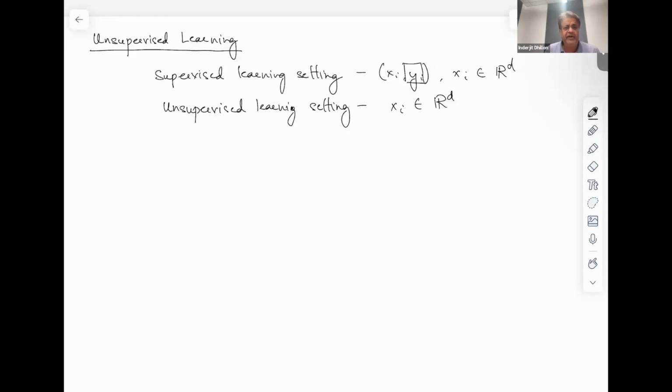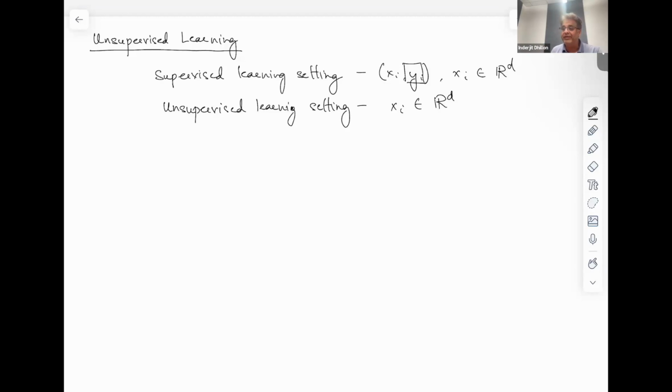In the supervised learning setting, you need labels. So you need to have some sort of supervision available, whether it's human supervision or somebody has labeled it. One of the issues with supervised learning is that sometimes labels can be hard to get. They're expensive. But if you think about a lot of the data, let's say on the internet, lots and lots of web pages, lots of documents, they may not have any supervision.